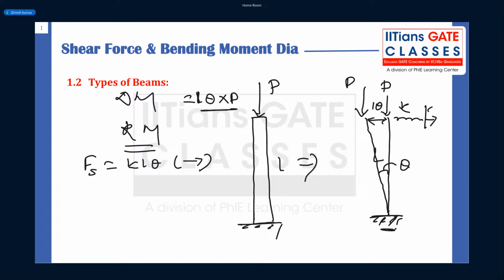Exactly, a restoring moment, right? Everybody agrees, right? So what is your restoring moment by idealization? It is K L square theta, that is Fs into length. Everybody agree or not?